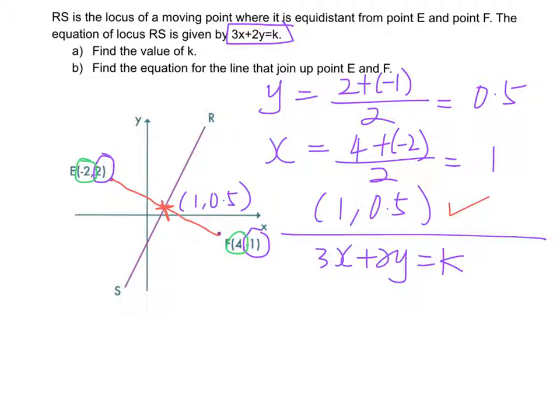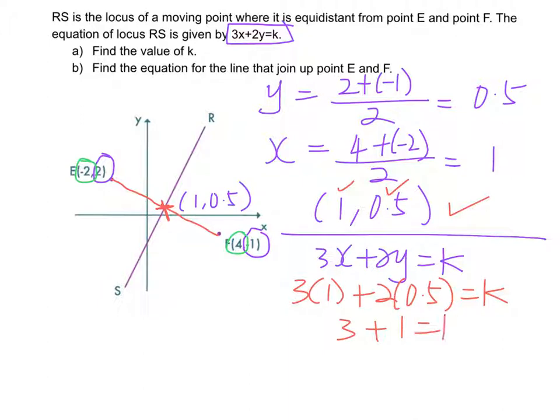Right, so the x coordinate is 1, so 3 times 1. The y coordinate is 0.5. So k is 4.